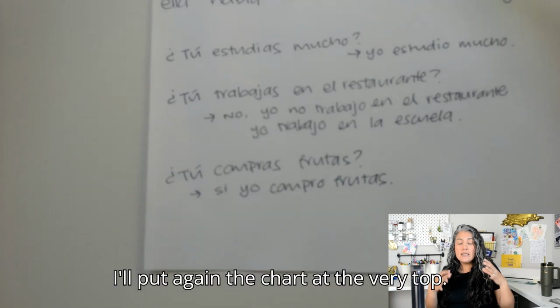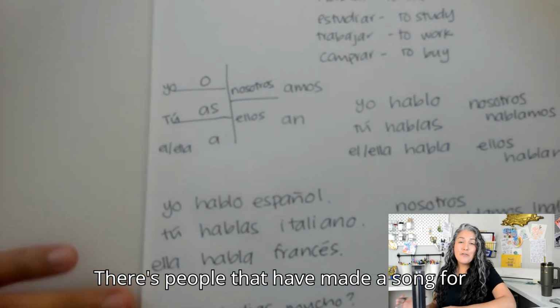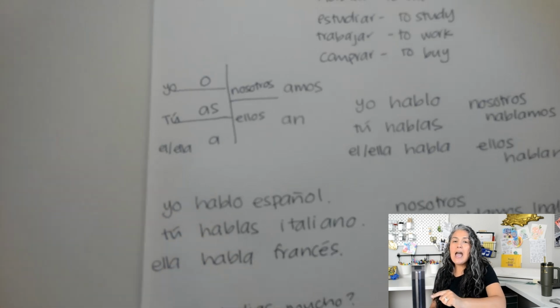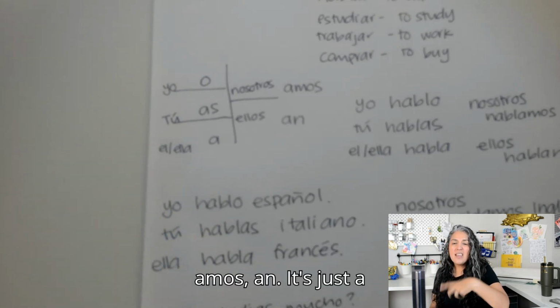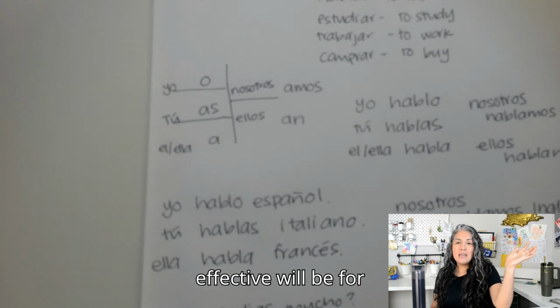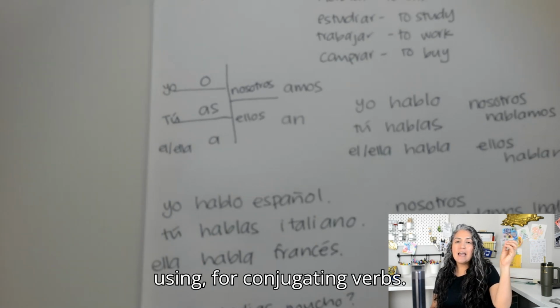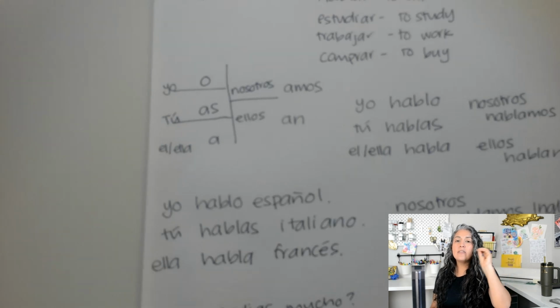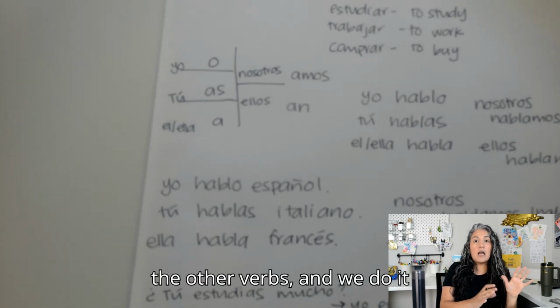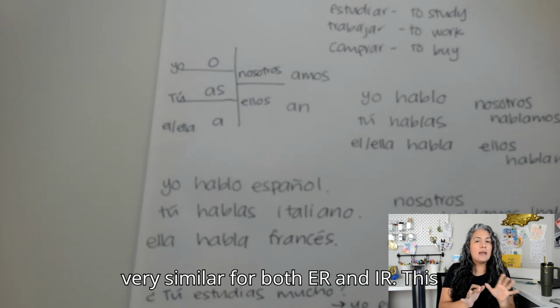I'll put again the chart at the very top. There's people that have made a song for this. O, as, a, amos, an. It's just a pattern. The more you use it, the more effective it will be for conjugating verbs. This is for AR verbs. In the next video, I'll teach about ER verbs, the other verbs, and we do it very similar for both ER and IR.